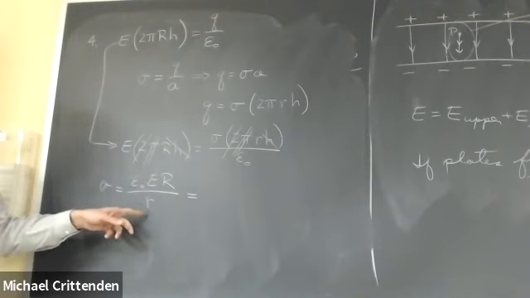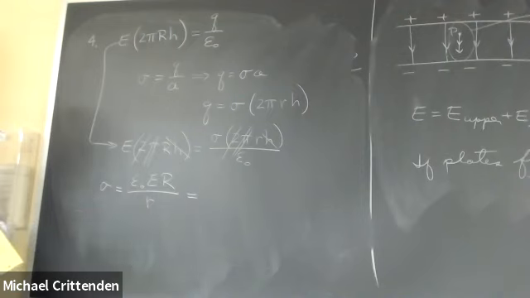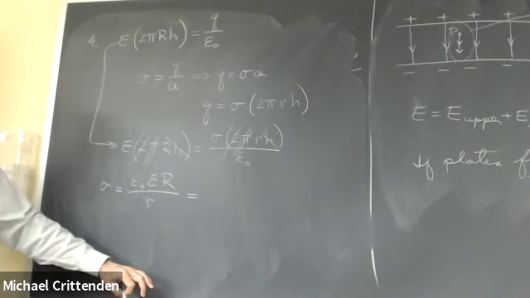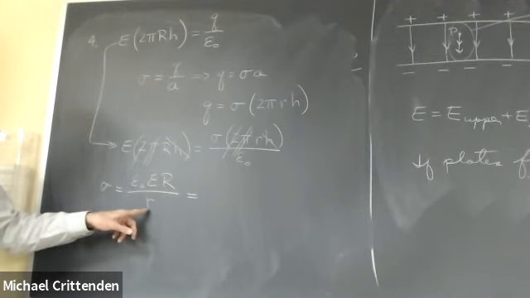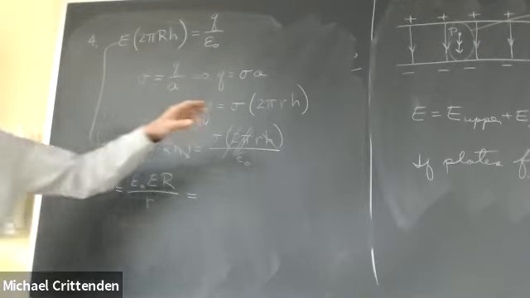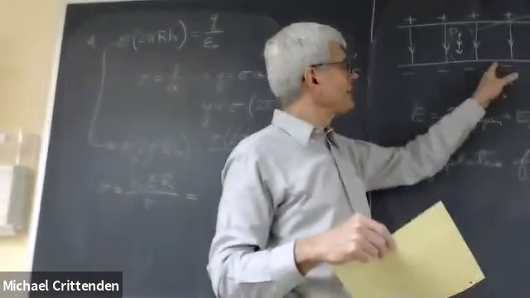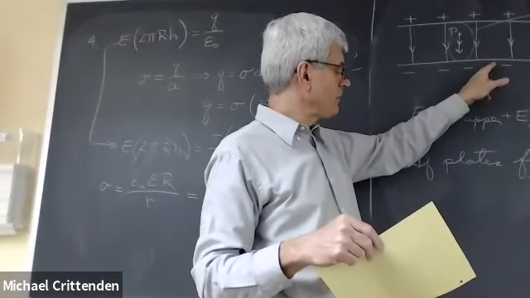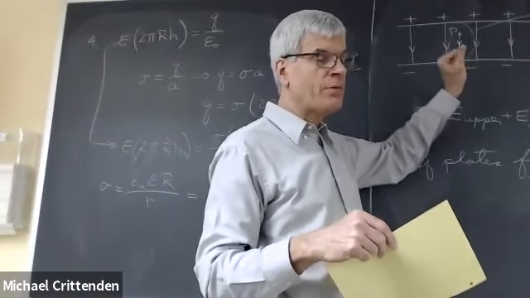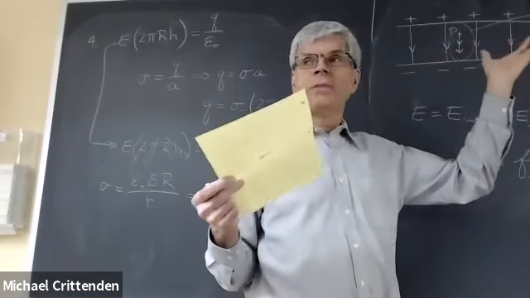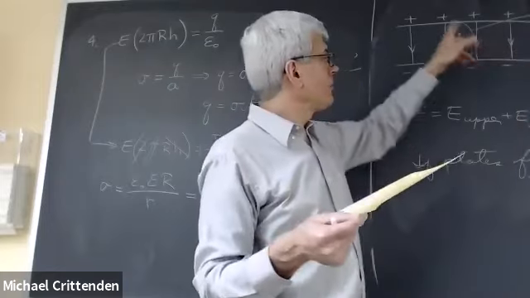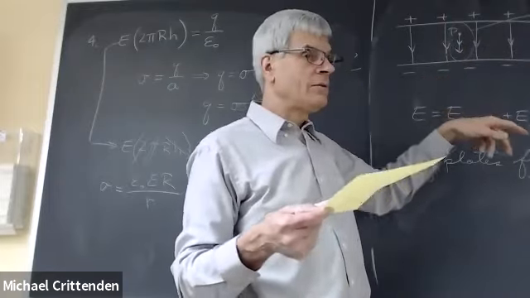Just as a little footnote in passing, you might notice that the field of any sort of a line of charge, which is what this pipe looks like from the outside, is a 1 over r to the first power field. With the charged sheet, I should have probably emphasized this back when I was doing that problem. It was r to the 0 power, as in where the field point was located was not part of the answer.